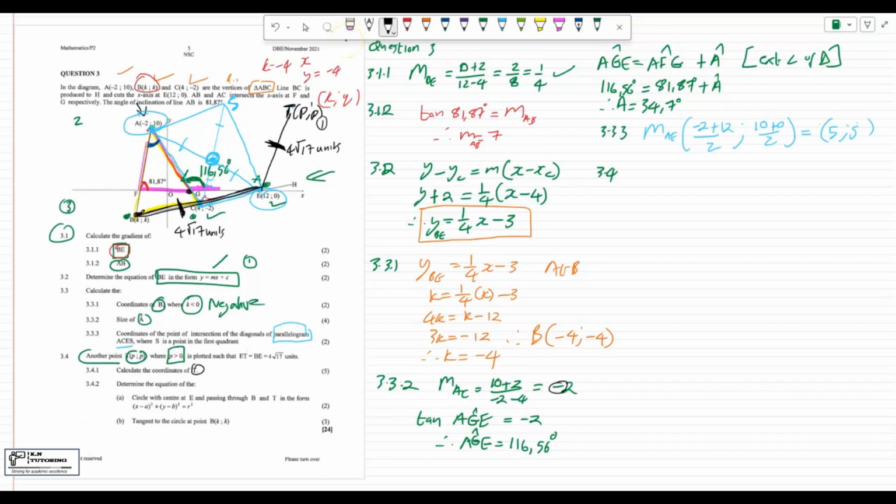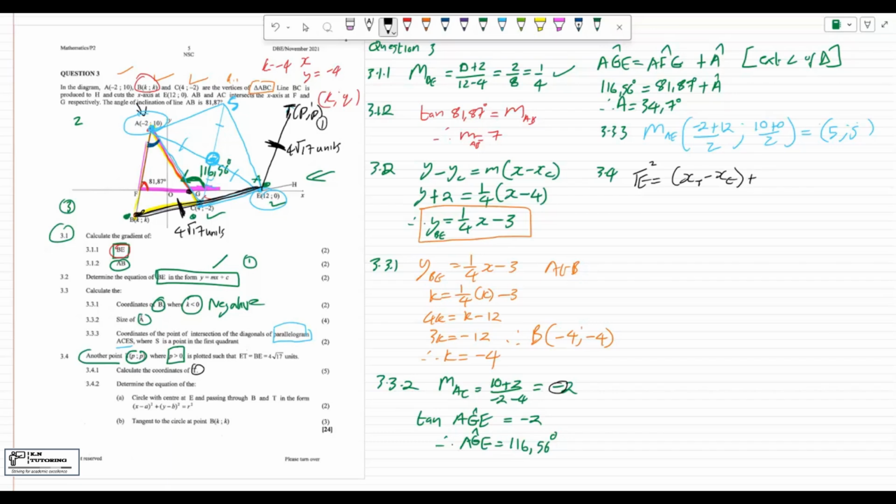So what is the formula for distance? For TE, the distance squared, I'm just going to write the formula first so that we don't get confused: X at T minus X at E, squared, plus Y at T minus Y at E, squared.